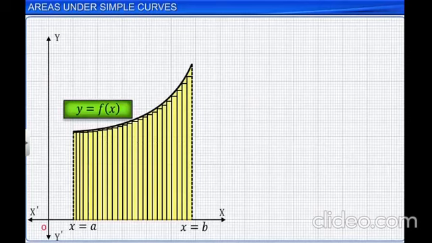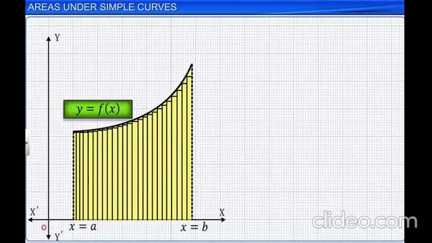Observe that these four-sided figures resemble rectangles. So now, if we calculate the sum of all these rectangles, which are of negligible width, we get the required area. The width of each rectangle being negligible, we can assume that each has an infinitesimal area.